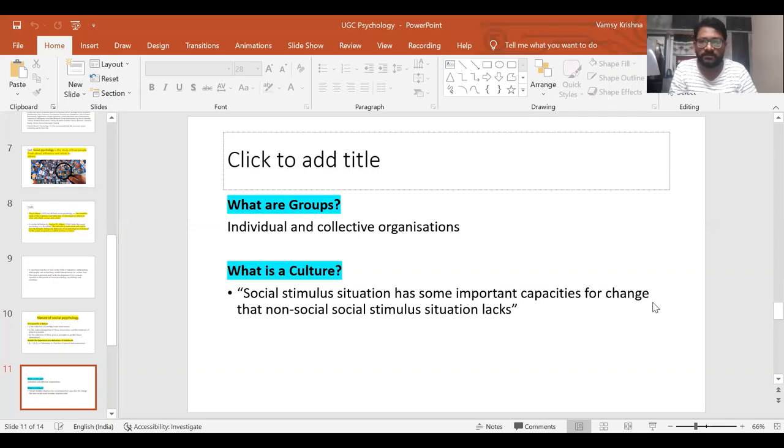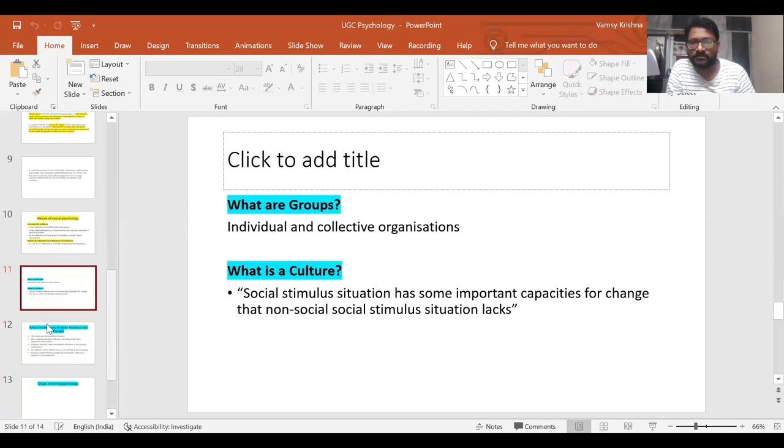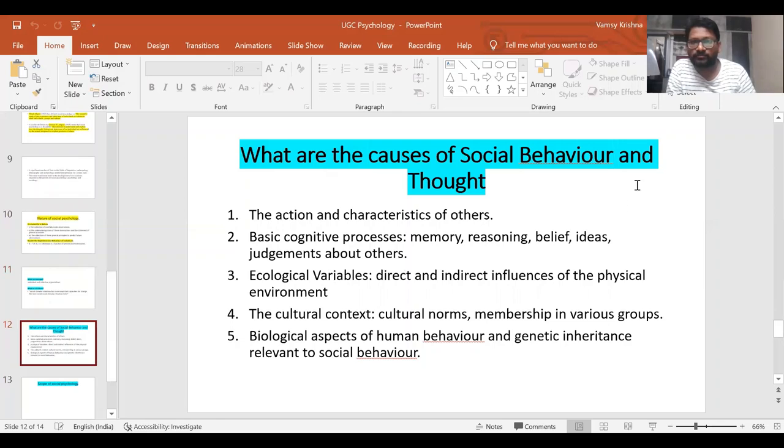So what is culture? Culture is a social stimulus situation that has some important capacities for change that non-social stimulus situations lack. For example, a non-social situation lacks this culture, but a social situation would contain this culture.